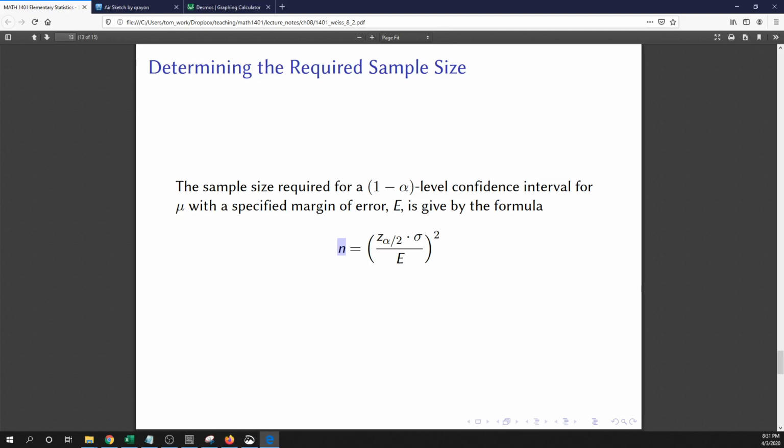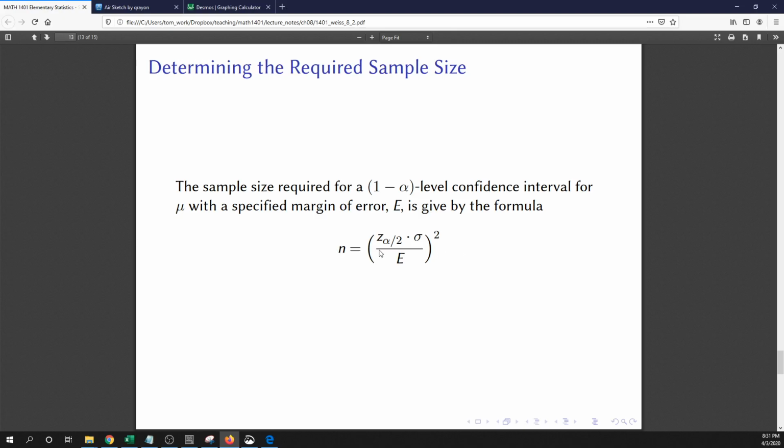Looking at the formula, you can see that the value is given by z of alpha over 2 times sigma, divided by the margin of error. How does this formula come about?